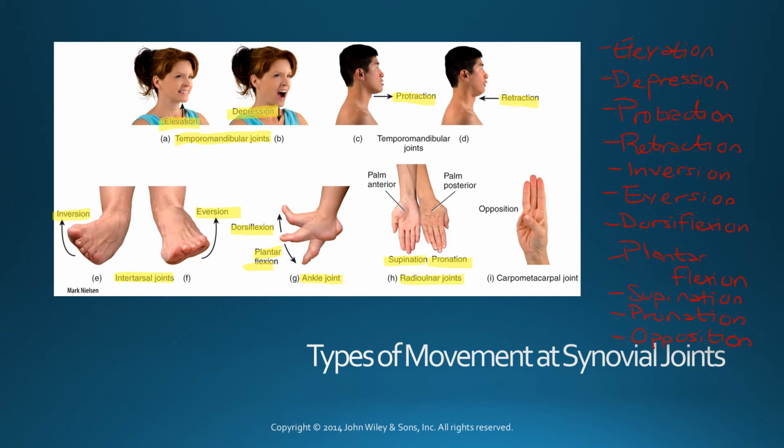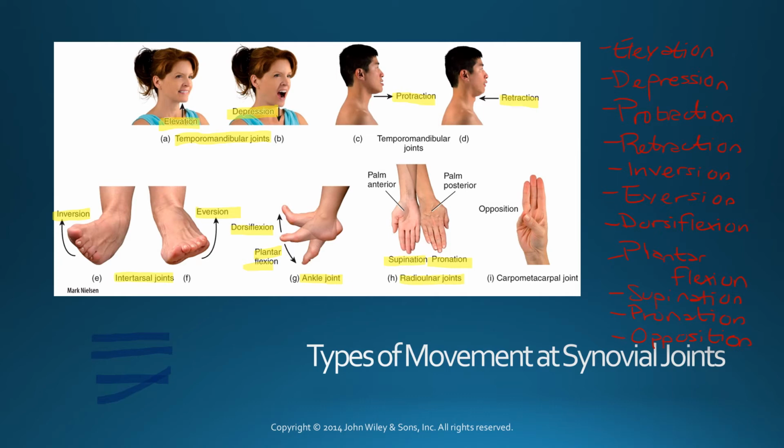Supination, when the palm is facing outward, it's facing anteriorly, and this is when the radius and the ulna are actually running parallel to each other. Now when you pronate your palm, the radius actually crosses over the distal end of the ulna when the palm is turned posteriorly.